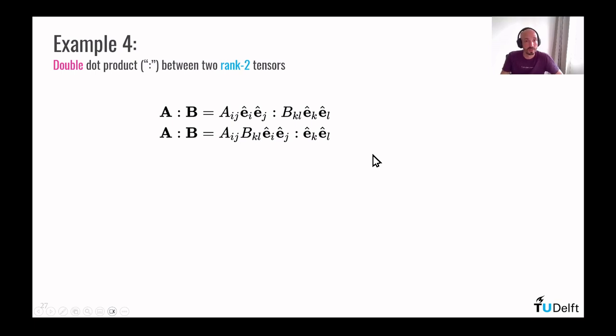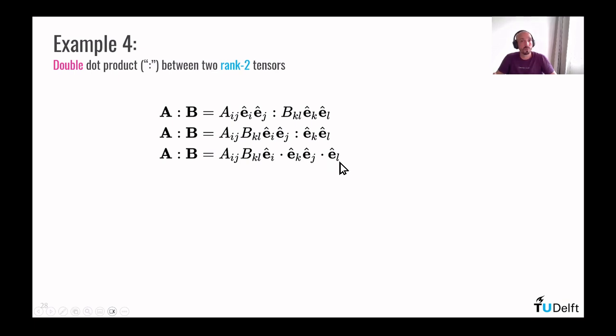The way to do the double dot product is to perform the dot product between the second term to the left and the first term to the right, which is this one, so e hat i and e hat k, and a dot product between the first term to the left and the second term to the right, so e hat j, e hat l.